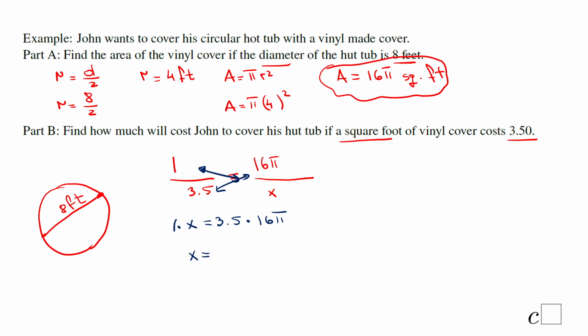You see there, 3.5 times pi times 16. And I end up with 175.929. I'm going to copy the first 3 decimals. Of course, this one means dollars, and I'm going to round it to the nearest cent. So it's going to be $175.93 for that hot tub cover.